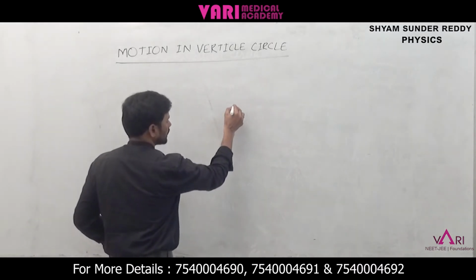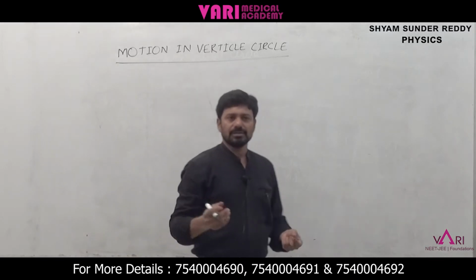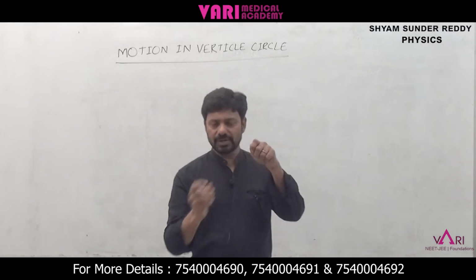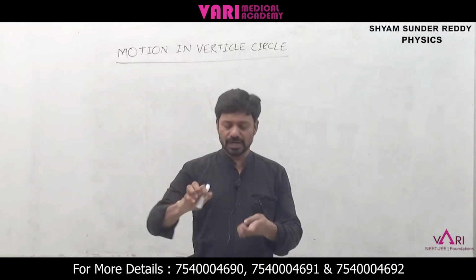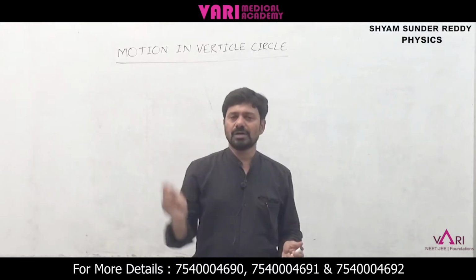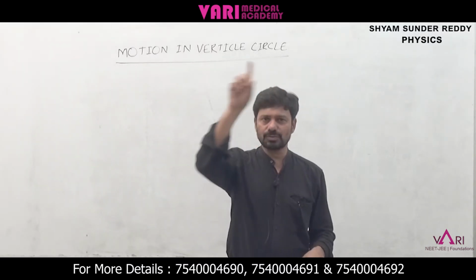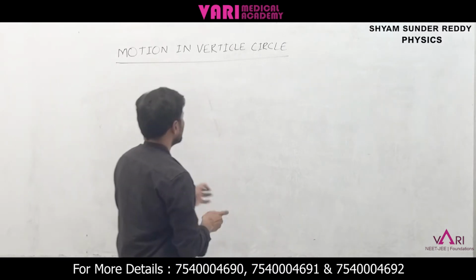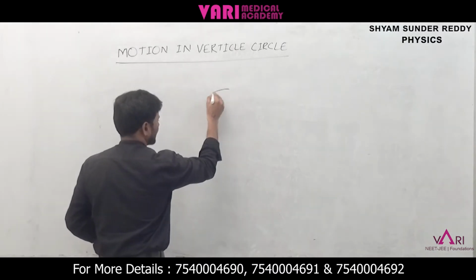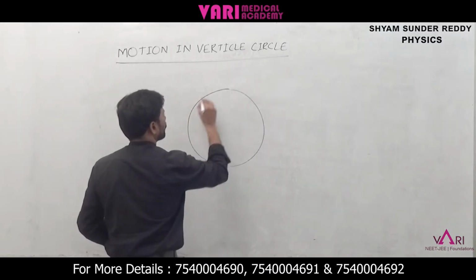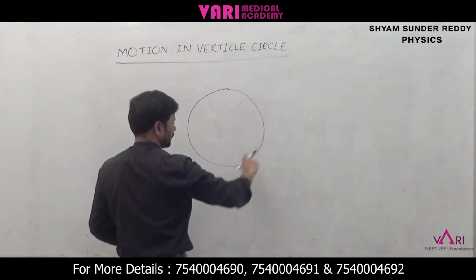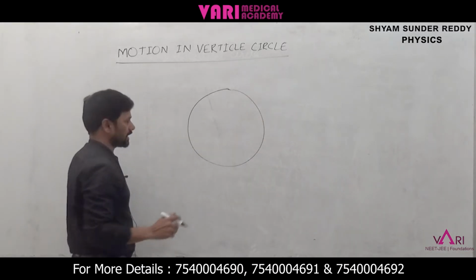In this, take a ball tied with one rope and apply circular motion. Then we will get one circle. In this circle, one body is moving with some velocity, right?